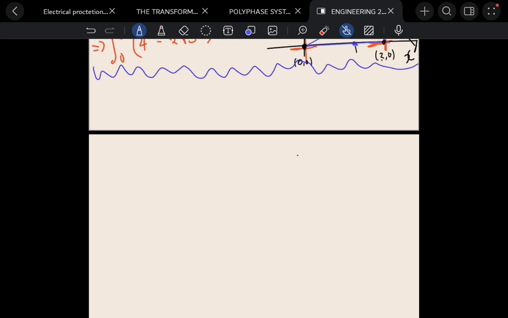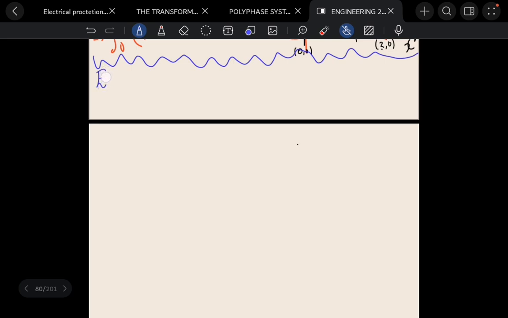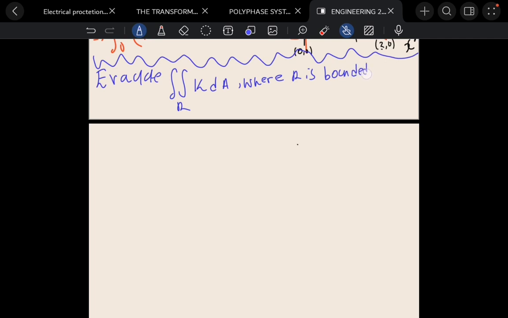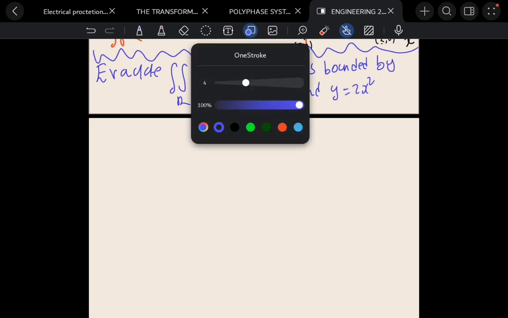It says evaluate the double integral of k dx, where R is bounded by y equals 1 plus x squared and y equals 2x squared. So we are given parabolas.